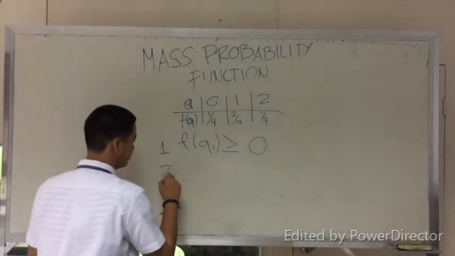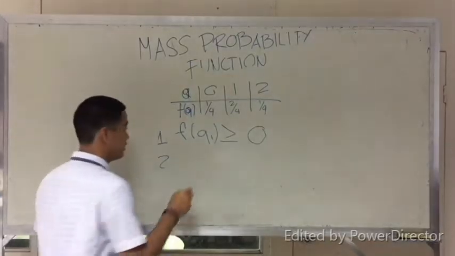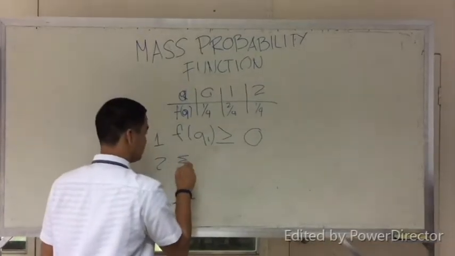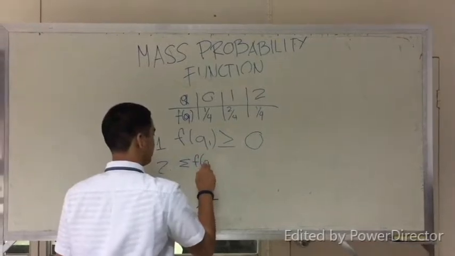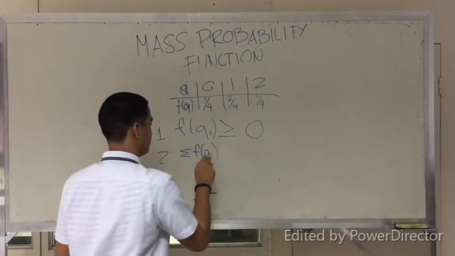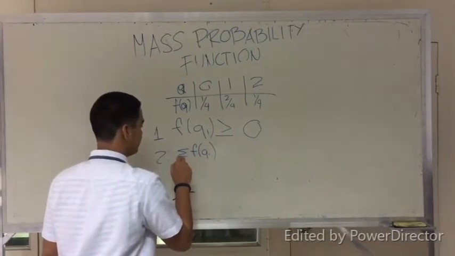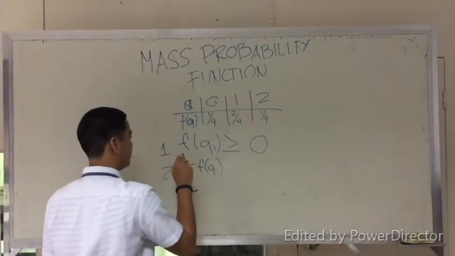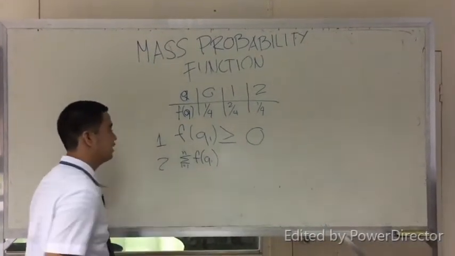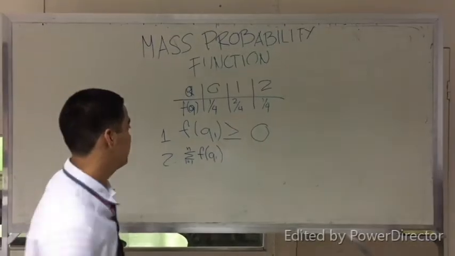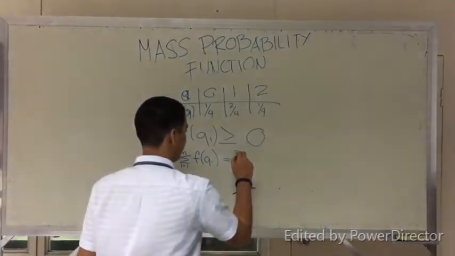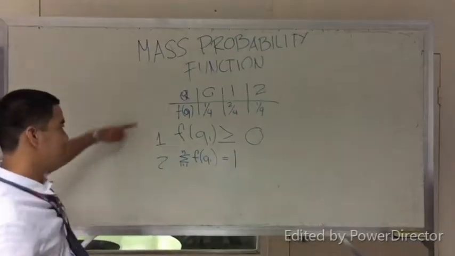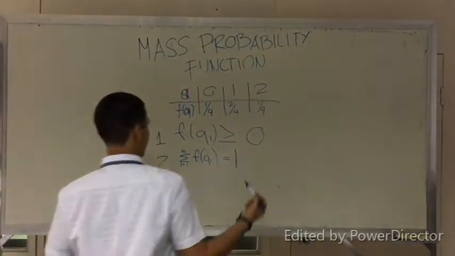Our second rule is the summation of f of qi from 1 to n is equal to 1. So let's try that on our table.